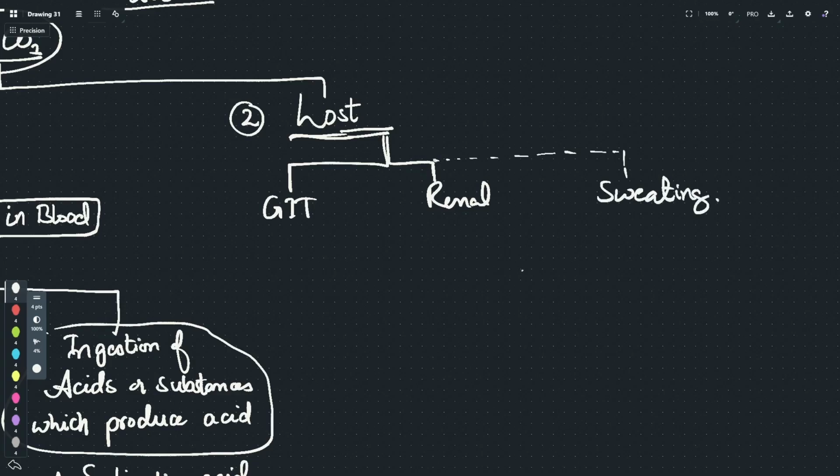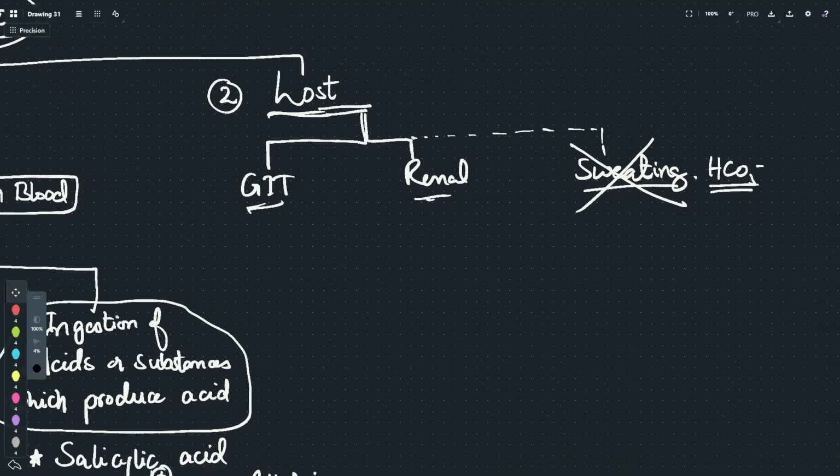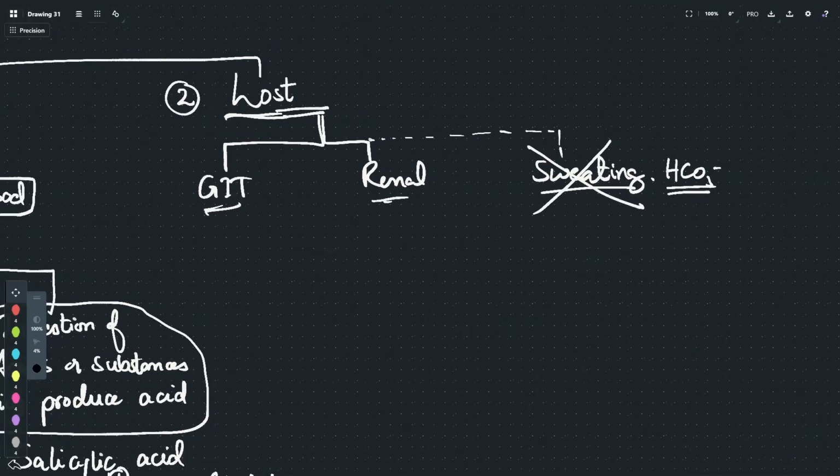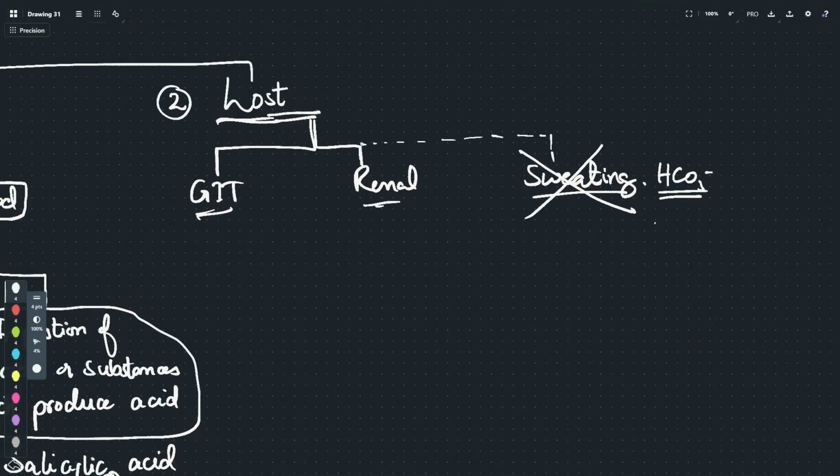Sweating, what do you think? Actually it is a valid route of excretion, but when it comes to bicarbonate, it is not very significant. First of all, it is not a huge amount of bicarbonate that is typically lost in sweating, especially in comparison to GIT and renal. And the more important reason is that the real risk of excessive sweating, especially in very hot weather, is loss of sodium, loss of chloride, these other important ions.